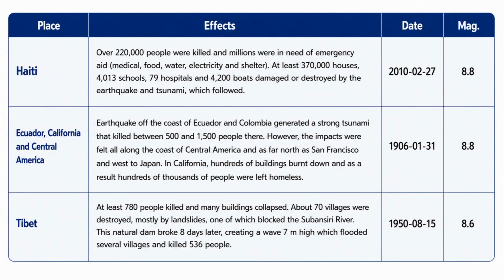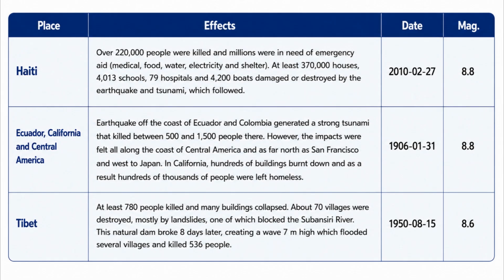In 1906, an earthquake off the coast of Ecuador and Colombia generated a strong tsunami that killed between 500 and 1,500 people there.